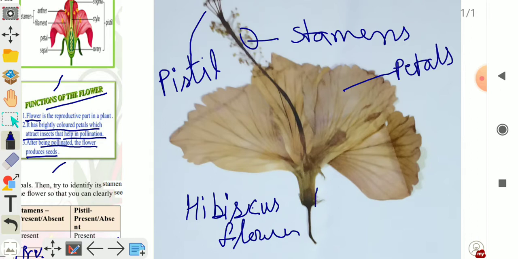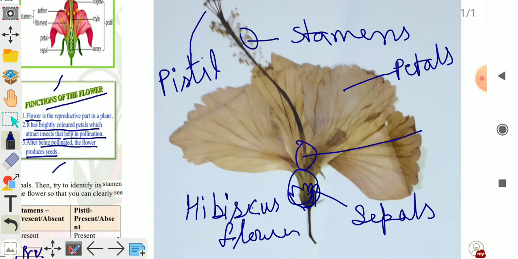and this one is green colored sepals. These are 5 in number and they are joined in this way. They are joined, and this part is called ovary. And these are stamen.